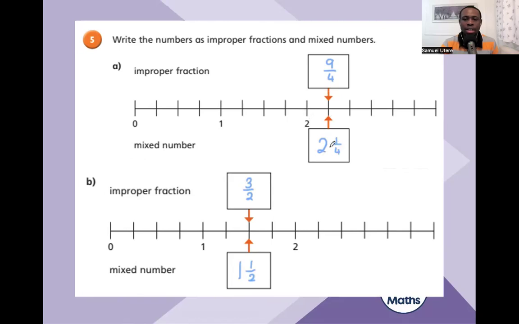And you can change it to an improper fraction really quickly by doing 4 times 2, which is 8, plus 1, 9, 9 over 4. Here, you can see that this is 1, this is divided into quarters, so this should be 1 1/4, and then 1 1/2. And then you can change it into an improper fraction really quickly by doing 2 times 1, which is 2, plus 1, which is 3, 3 over 2.